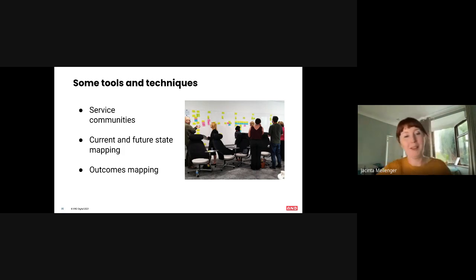Current and future state mapping is something you can use to help policy, service owners and senior leadership teams to analyse a current service offer. That's identifying problems, what the problem results in terms of effectiveness and efficiencies, but also identifying the best place to fix it.